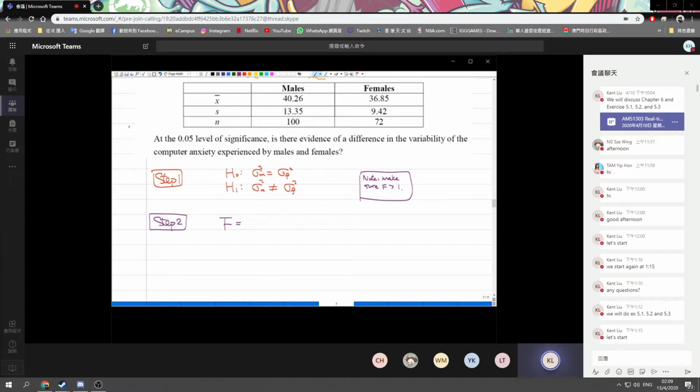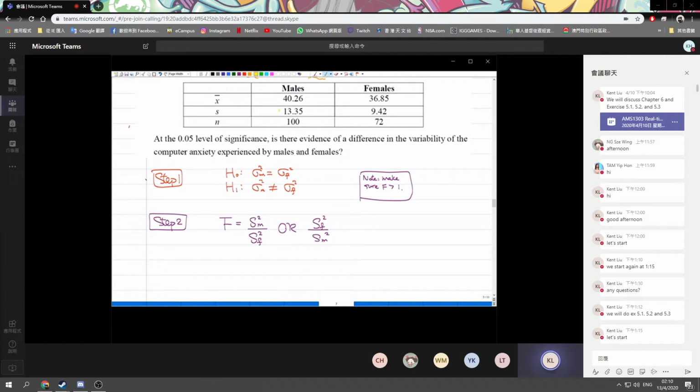So how do we know how we should define it? Now there are two possible situations. One is you have your male variance divided by female variance, or you can do female variance divided by male variance, right? So which one should we do here?